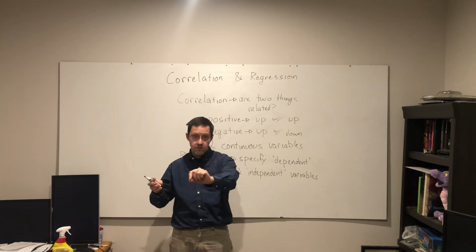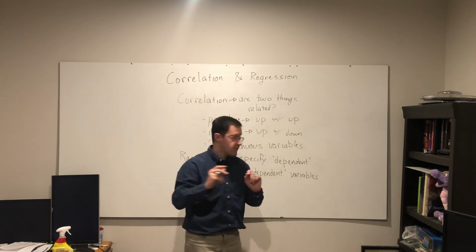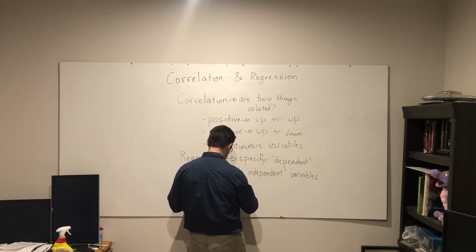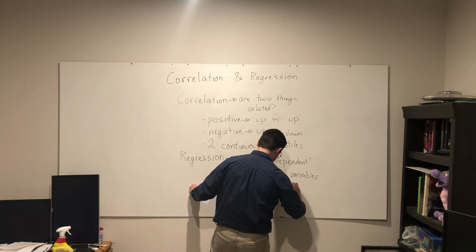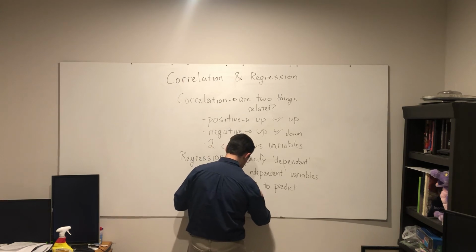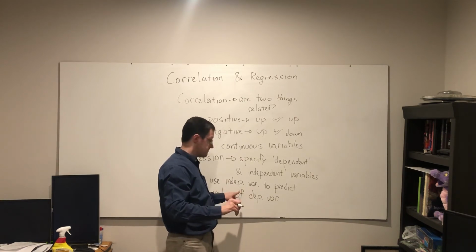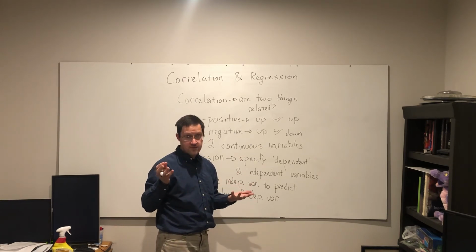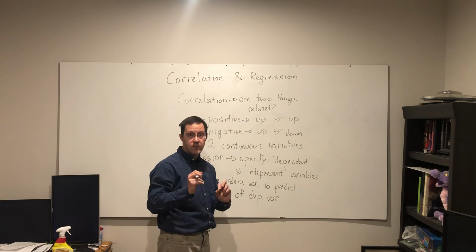So the other thing that we can say, whether or not you want to attribute causation, is we're using the independent variable, so named because essentially its values can just be changed independently, an independent variable being used to predict the value of the dependent variable.